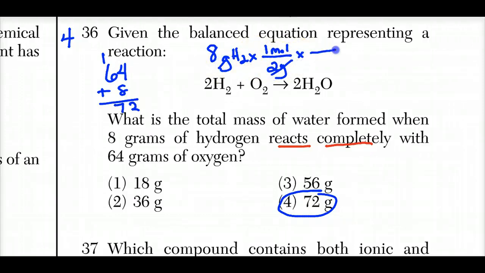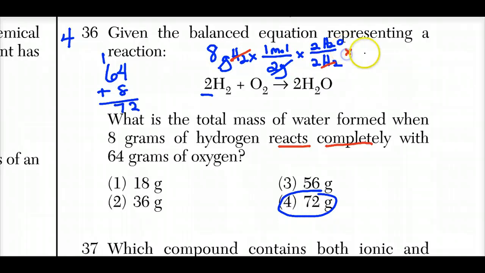I would times it by the ratio. I'm going to get rid of hydrogen. And in the balanced equation, there's 2 H2 for every, let's say we're doing water, 2 waters, that's a 1-to-1 relationship. So moles of hydrogen is moles of water, but our H2 cancels, and now we have moles of water.